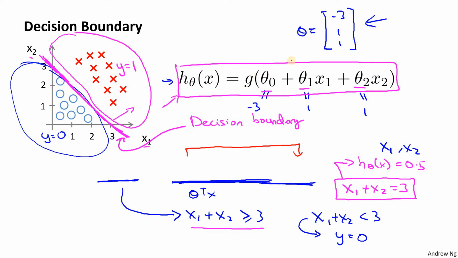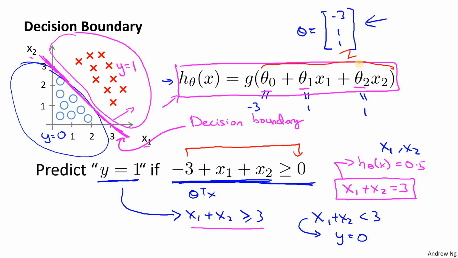You see this g of z, and this whole thing over here is z. Previously we discussed that if z is greater than or equal to 0, then I will predict y equal to 1. That's shown over here. So y equals 1 if this holds, with theta 0, theta 1, theta 2. I am giving just an example: theta 0 has the value minus 3, theta 1 is 1, and theta 2 is also 1. These are just some sample values to give you an example.